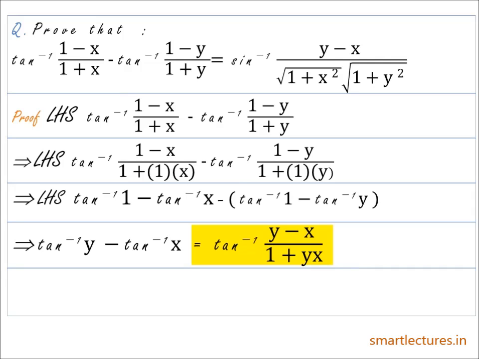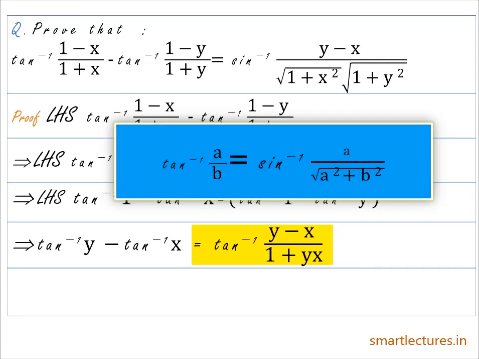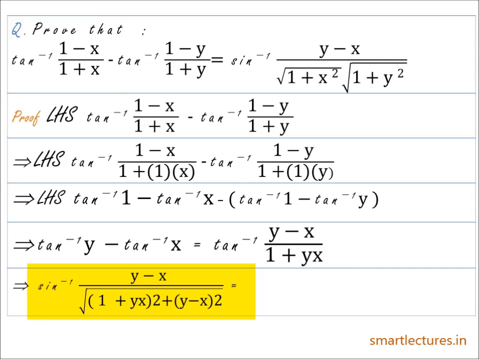And also from the properties of inverse trigonometric functions, you already know that tan inverse a upon b is equal to sine inverse a upon square root of a square plus b square, which means tan inverse y minus x upon 1 plus yx is equal to sine inverse y minus x upon square root of 1 plus yx whole square plus y minus x whole square.